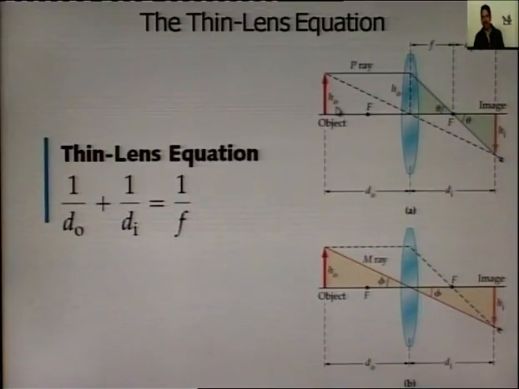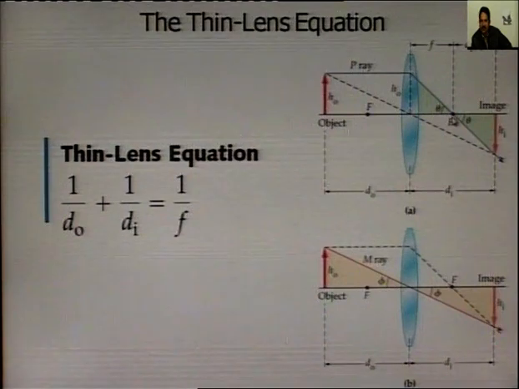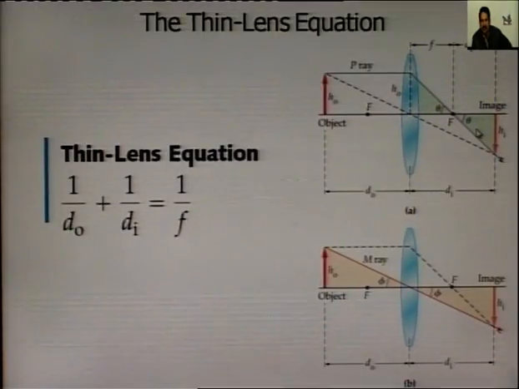Let h naught be the height of the object and hi the height of the image. Now, from these two triangles, you can see that they are similar. So, the ratios of the corresponding sides of these two triangles will be the same.